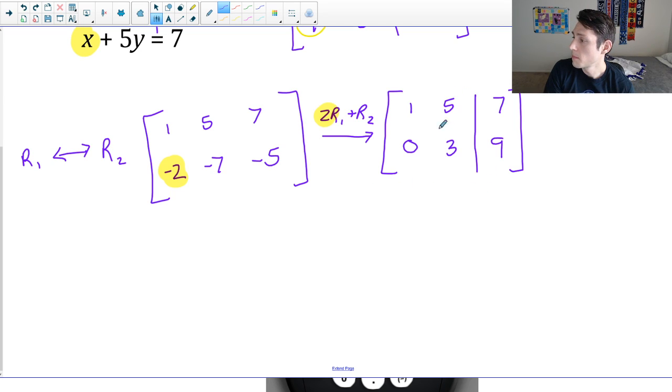I don't want to do any row switching because that would ruin my nice 0 here, and I don't have a 1 up here anyway. So I need to use one of my other two row operations to make this a 1. A really great one: I noticed 3 and 9 are both divisible by 3. So I'm just going to do 1/3 times row 2. Row 1 will stay the same.